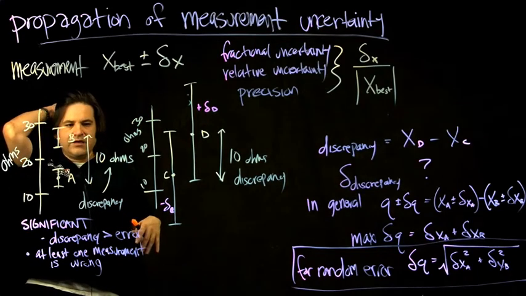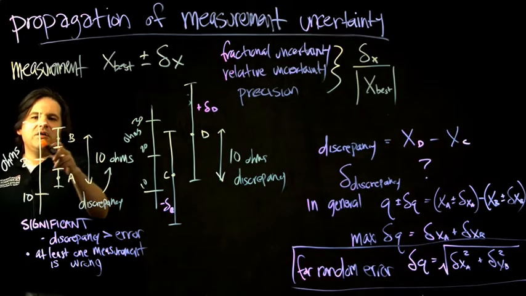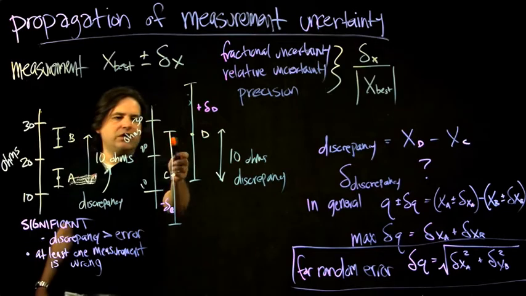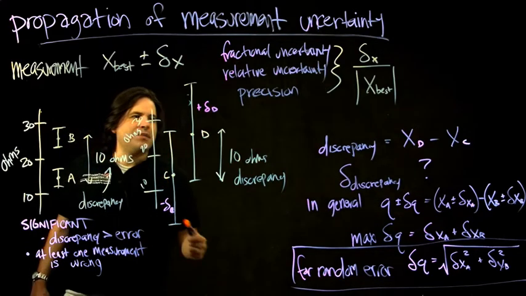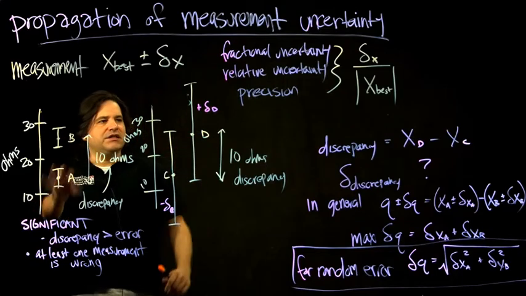On this scale, we see that the magnitude of these measurements is either 25 or 15, same thing here, 25 or 15, but one is more precise. These students are less precise than these students.